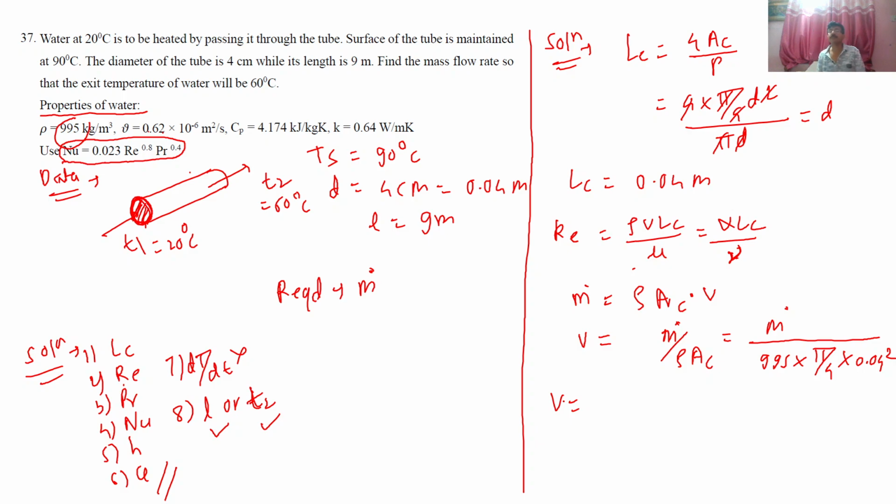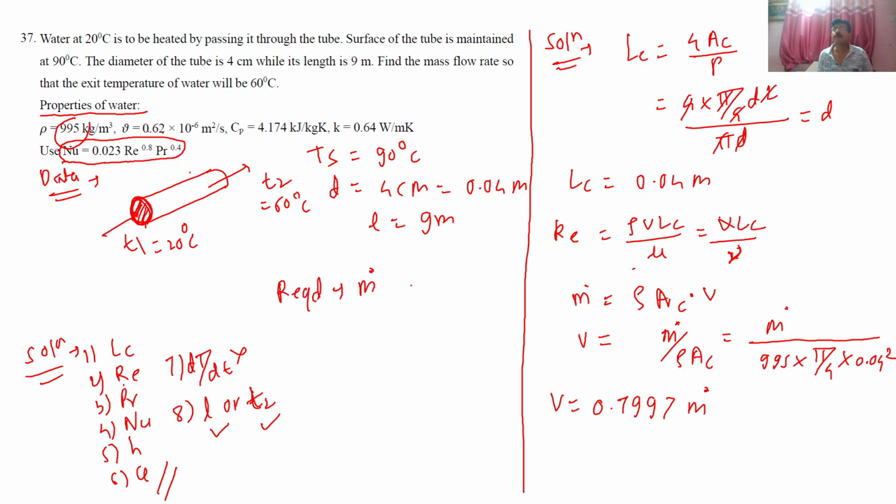It comes around 0.7997 m dot. This is the answer for velocity.